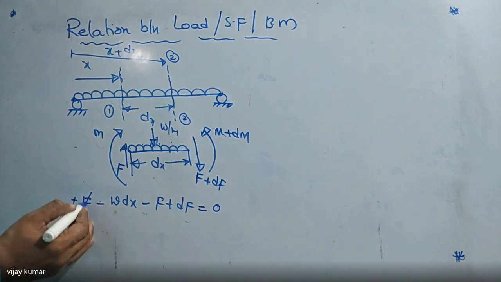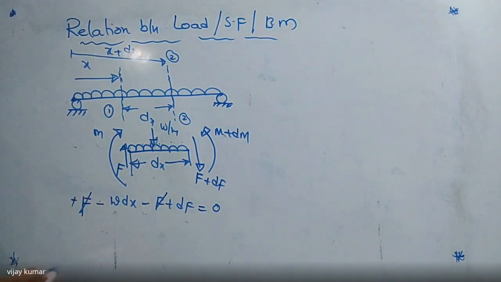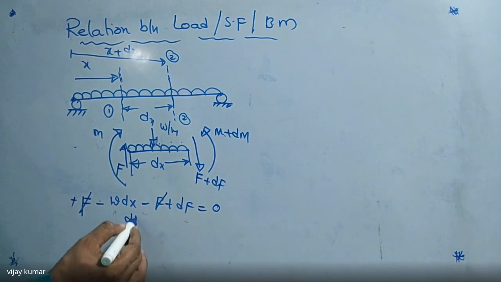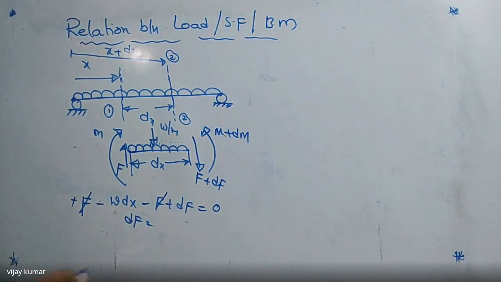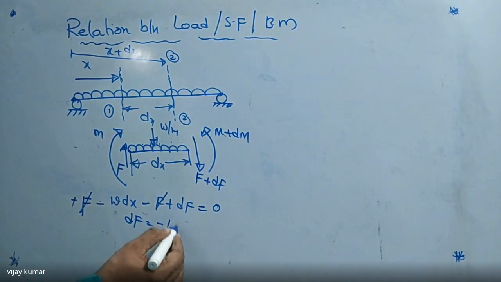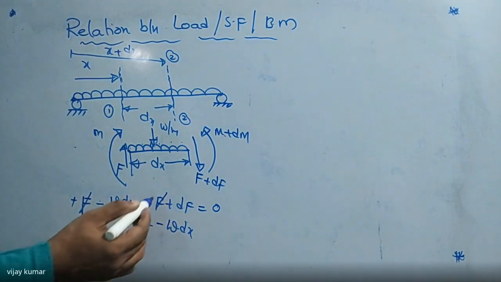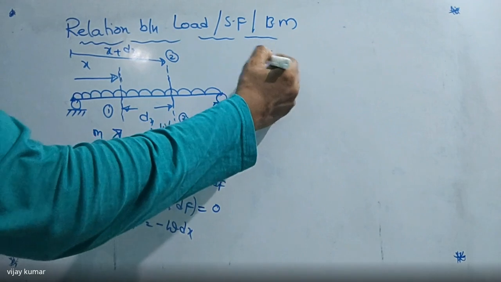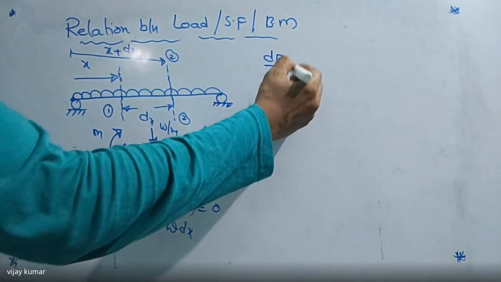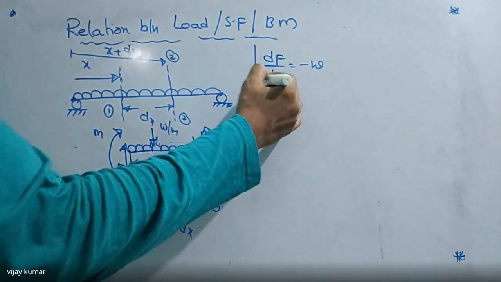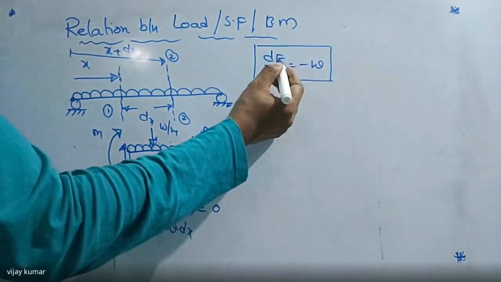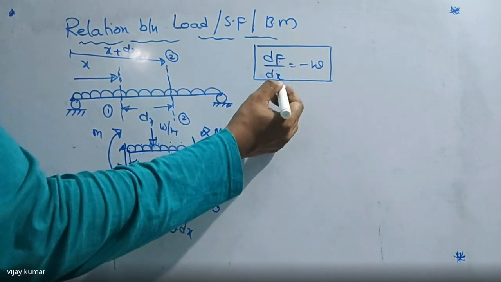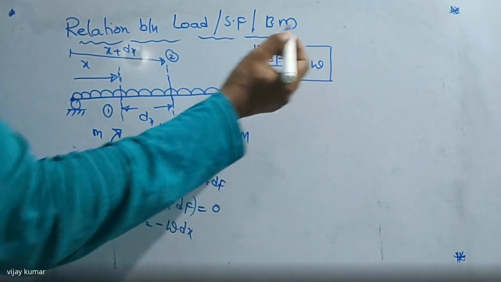So here F and F get cancelled. Then I am writing here dF is equal to minus W into dx. We can multiply with minus. Then I am writing here dF divided by dx is equal to how much? Minus W. So this is the relation between shear force, length of the beam and load.